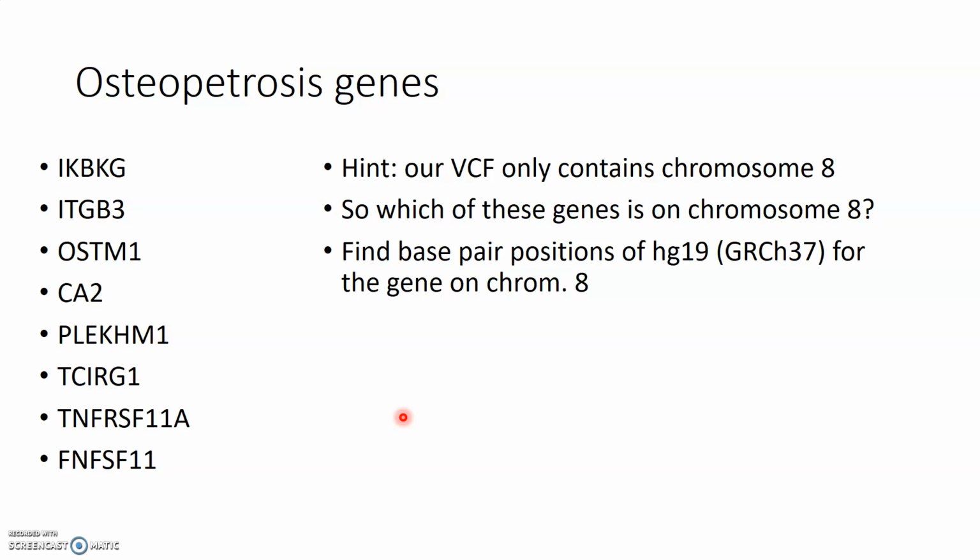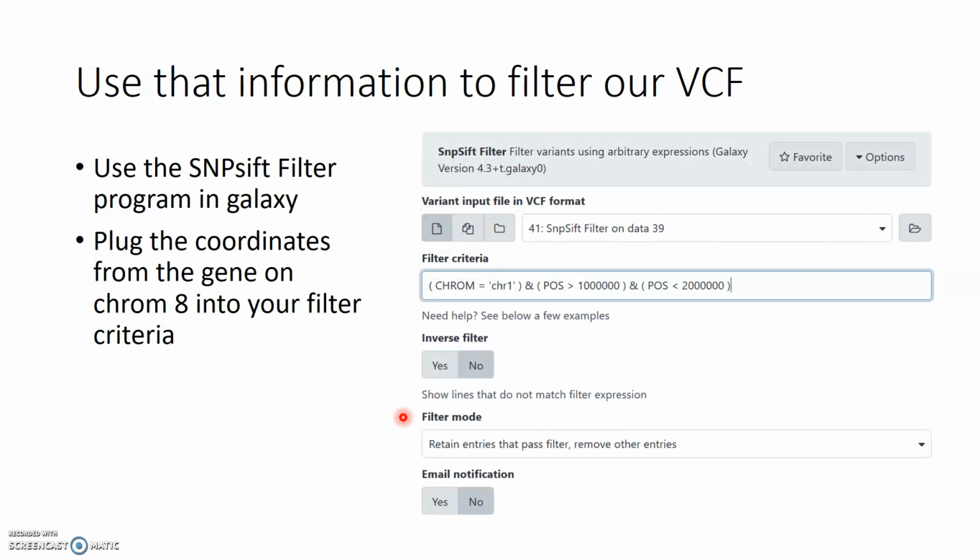I want you to find the base pair positions in HG19 for the gene on chromosome 8. And then I want you to use a filtering program on our very large VCF to identify that possible disease variant. So I want you to plug the coordinates from the gene on chromosome 8 into our filtering criteria.